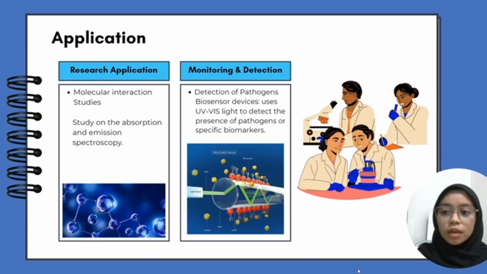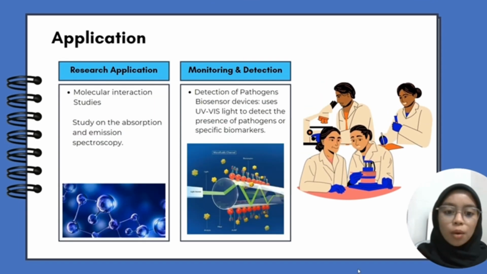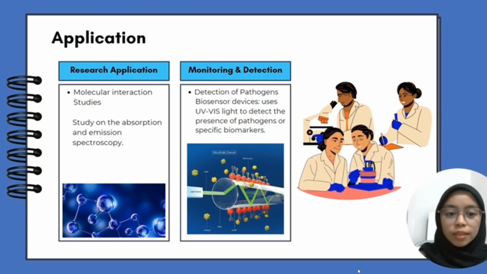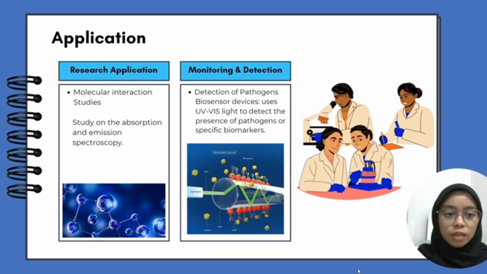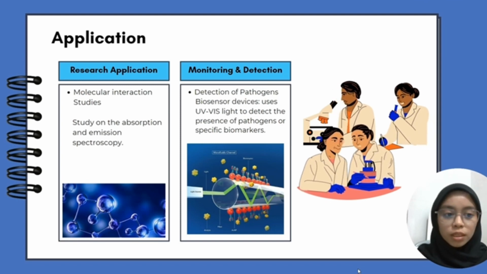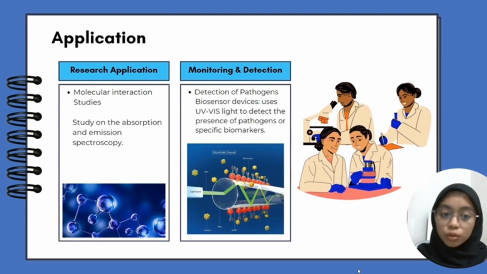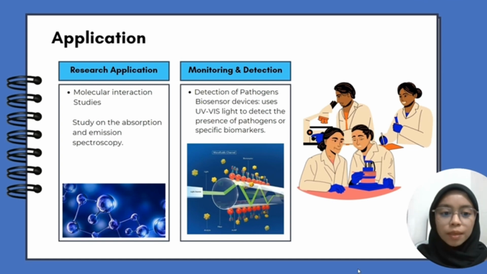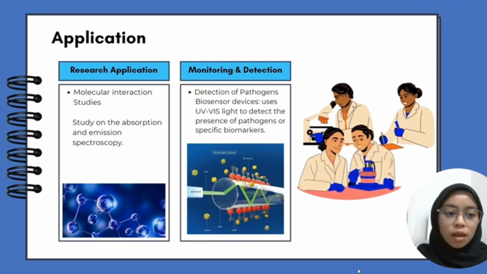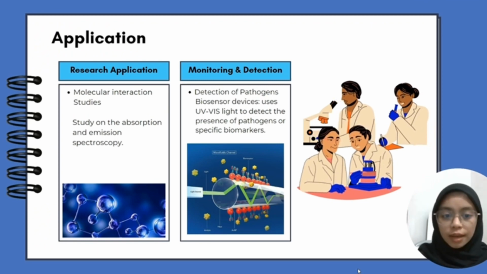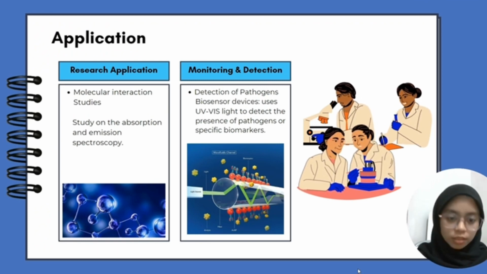The third one is a research application. Molecular interaction studies using absorption and emission spectroscopy, studying how molecules absorb and emit light, help in understanding molecular interactions, binding studies, and conformational changes.